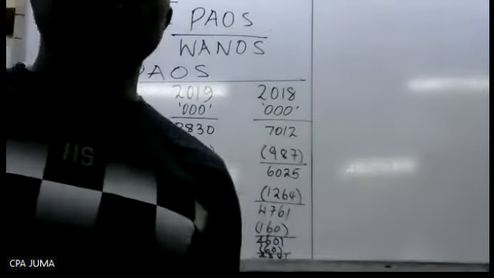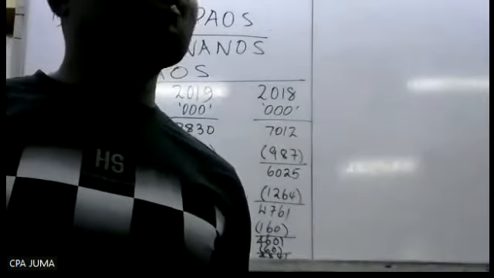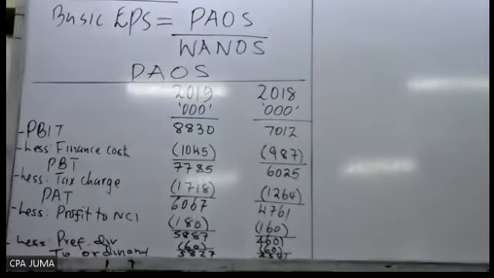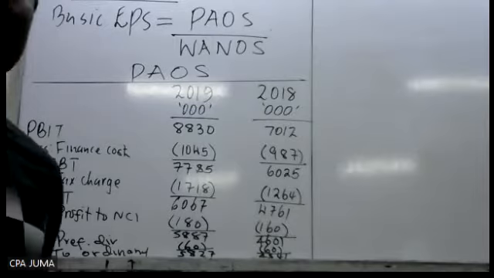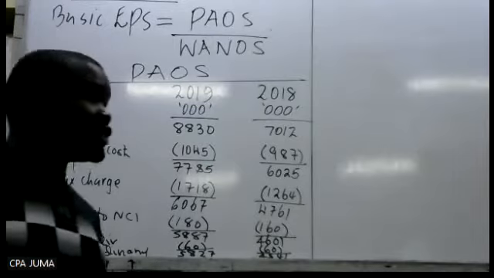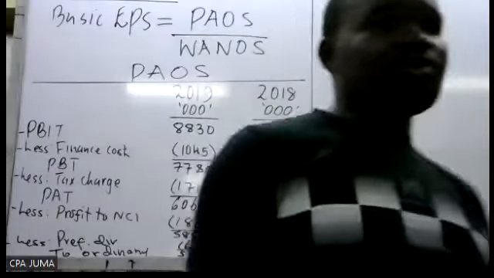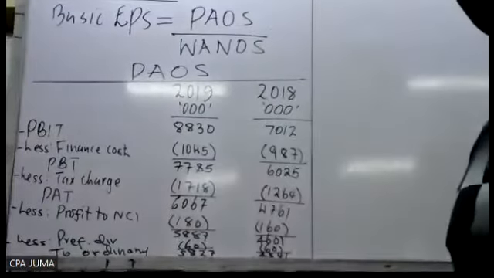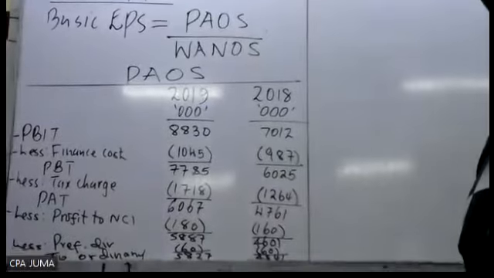The rights issue, in which year did it take place, 2018 or 2019? 2019. So there was no rights issue in 2018. Can you copy this first so that we go to the 2018 number of shares?